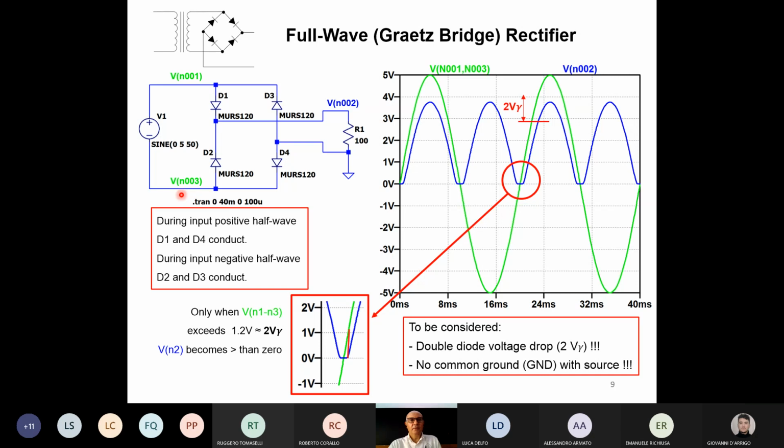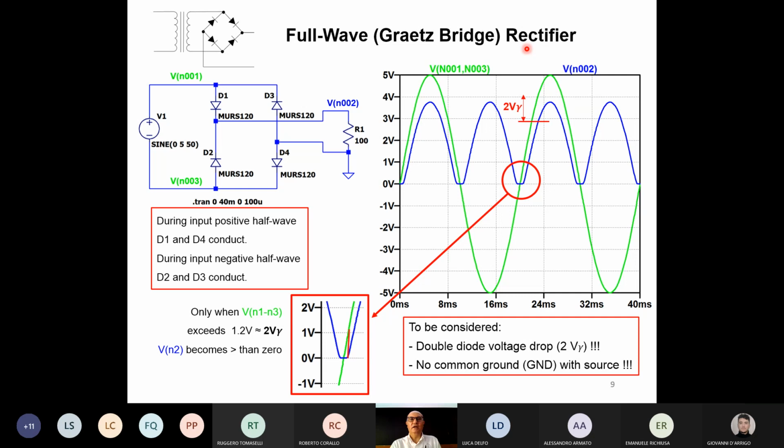Why? Simply because I didn't put the ground here, but I had to put the ground on this side. So I cannot consider the voltage of a single node to get the total voltage across the generator. One of the main differences between the Gratz bridge and the previous circuits is that it is not possible to have a common ground between the transformer and the output.